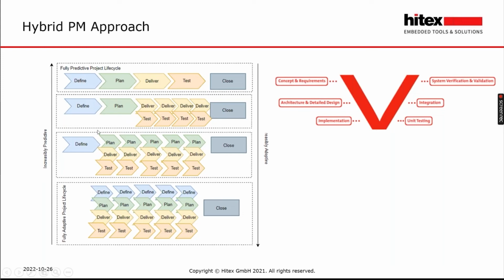Actually, in Hitex, we are working in this style, normally in this mode. So we are starting our iterations from the deliver phase, sometimes from the plan phase. This example, which is below, is fully adaptive, so it's the classical agile approach. Of course you can always work in it, but in embedded systems it's quite difficult to start iteration already from define, especially when you're working with hardware development.